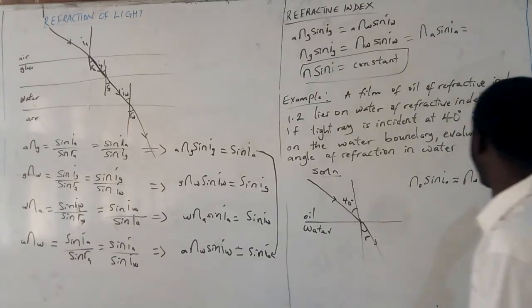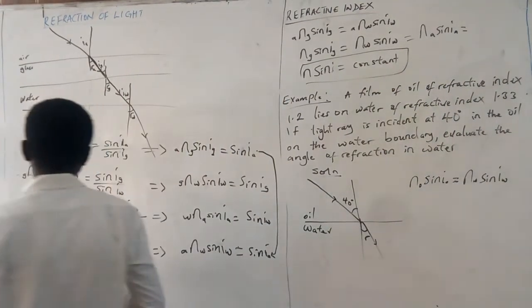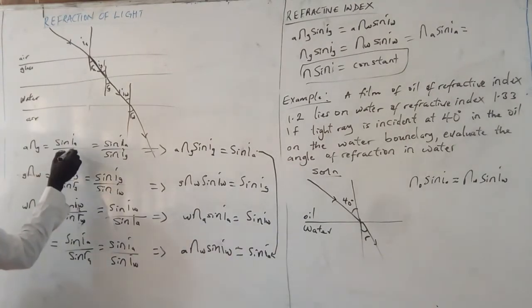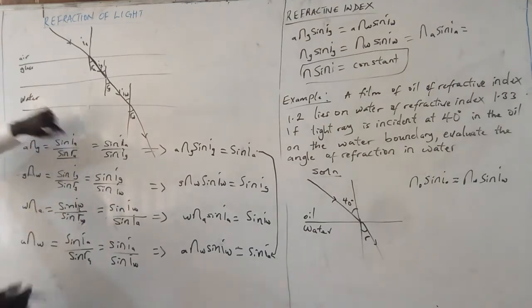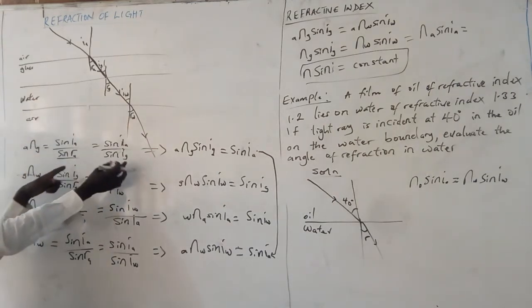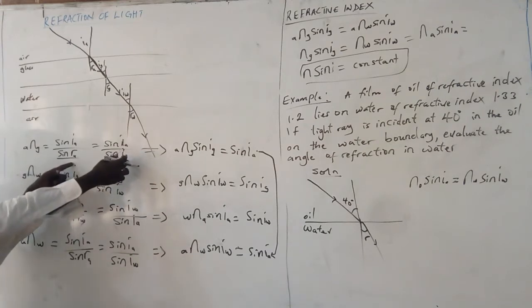But if you look at this now, we said the sine of refraction of the first medium is equal to the sine of angle of incidence of the second medium.